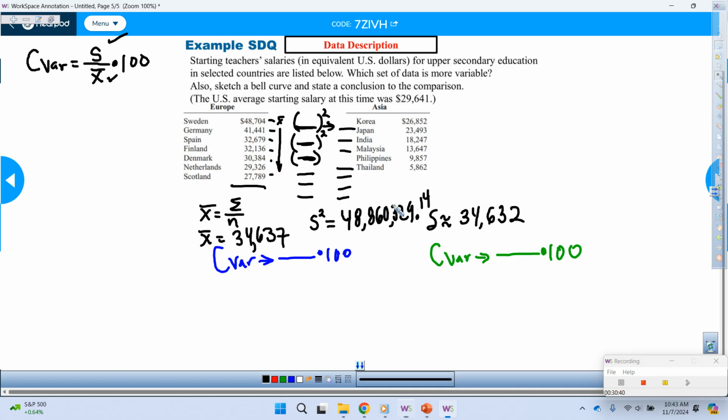All right, so now that we have the mean and the standard deviation, we can do the CVar for this one. Is that correct? So that means we got 34,632 divided by 34,637 times 100. All right.